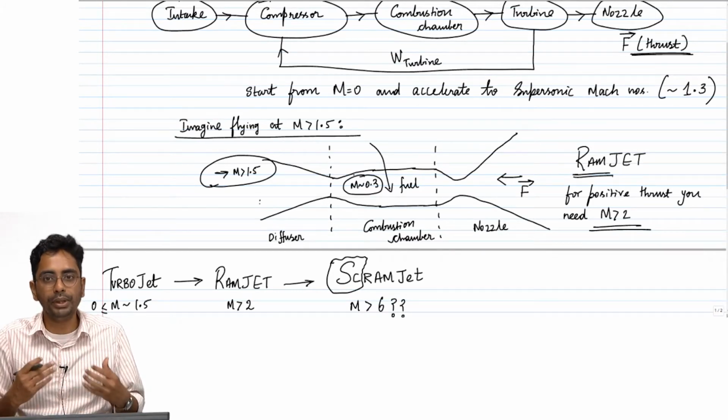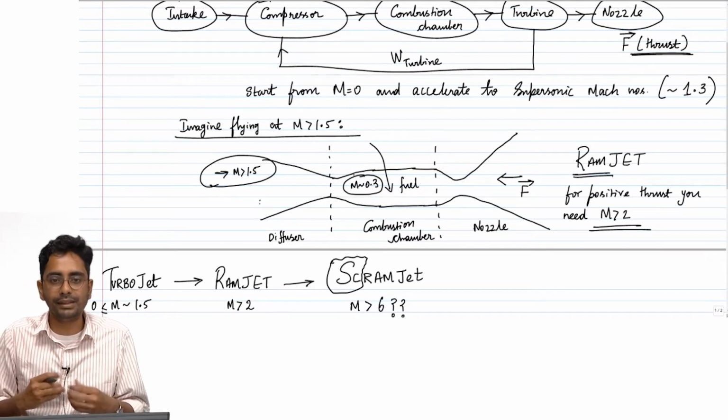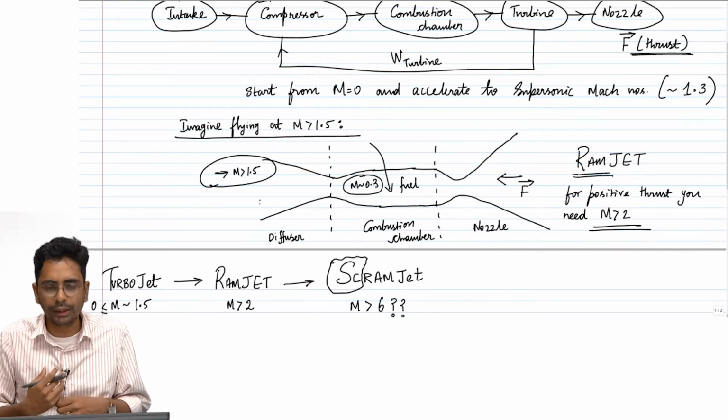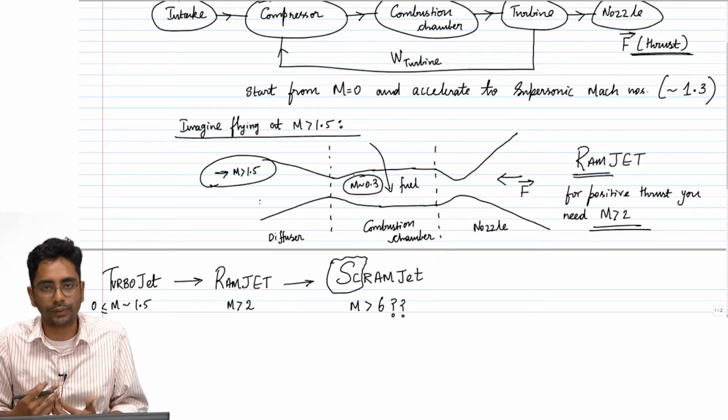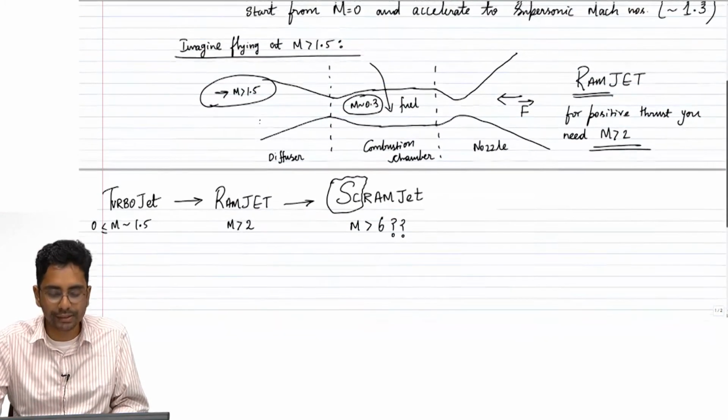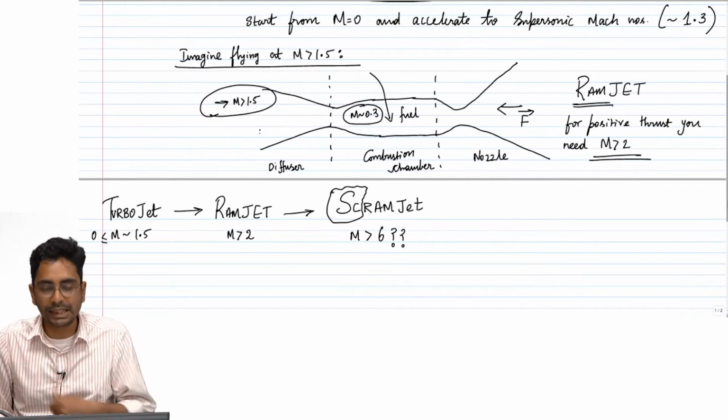So you need to decelerate and increase the pressure quickly without losing too much total pressure. Therefore it happens through a series of shocks, and the static temperature rises as the stream is decelerated.